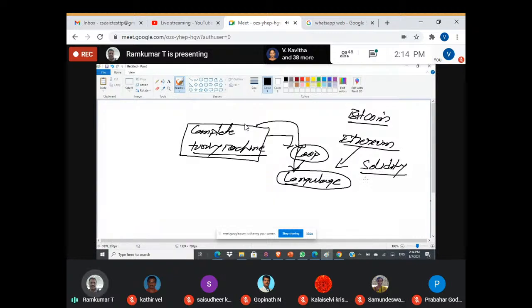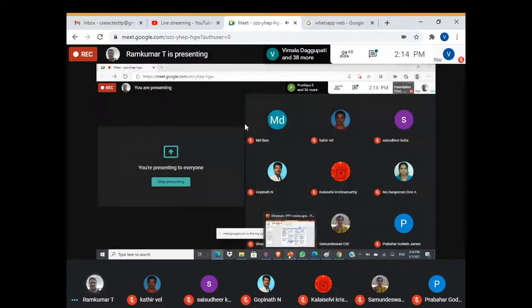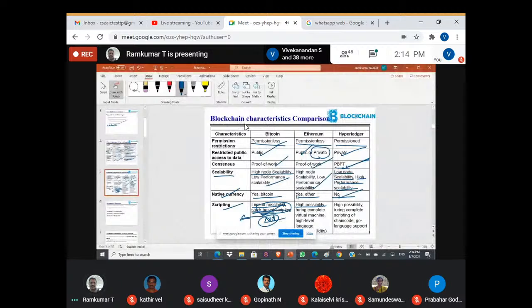That will be discussed in the coming sessions. That will be a different story, right? So that is why we are discussing Ethereum now. I can write my own code by using the Solidity language, because it's a Turing complete machine.